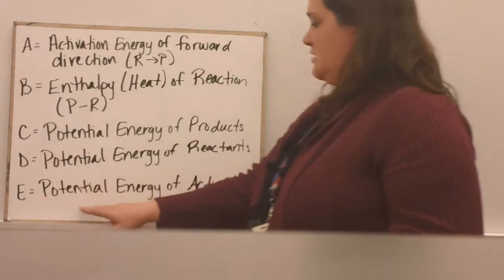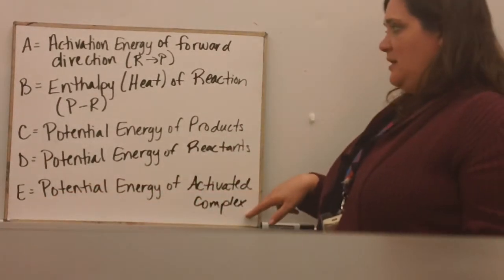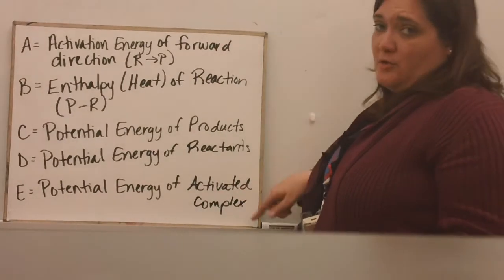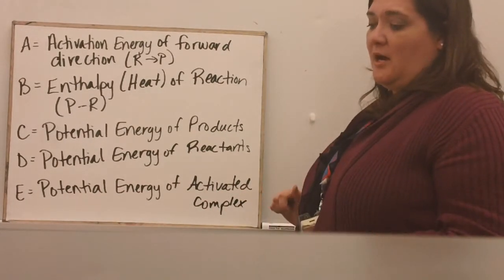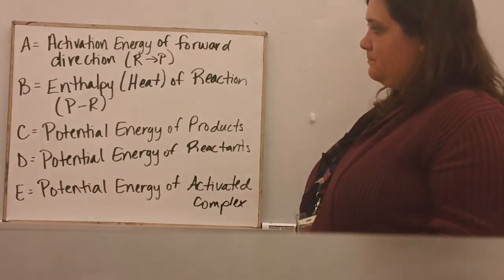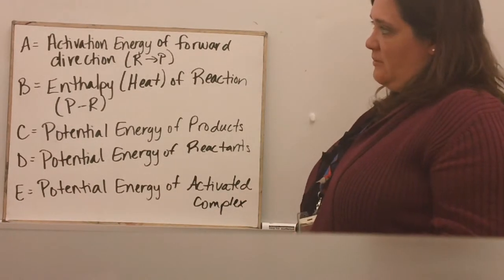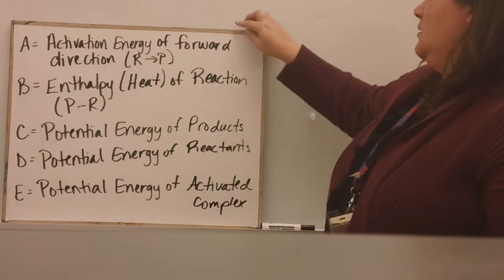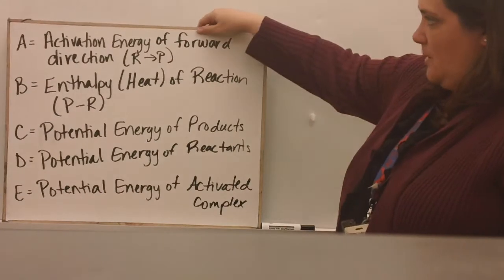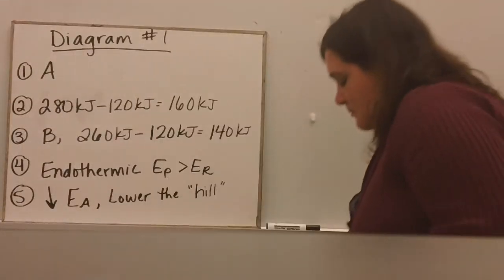And interval E was the potential energy of the activated complex. Again, make sure you have those written down, because you will be asked to label a diagram and also answer questions about a diagram, just like the one you saw a minute ago. So you might want to pause so you can write all those down, because I'm going to continue on.